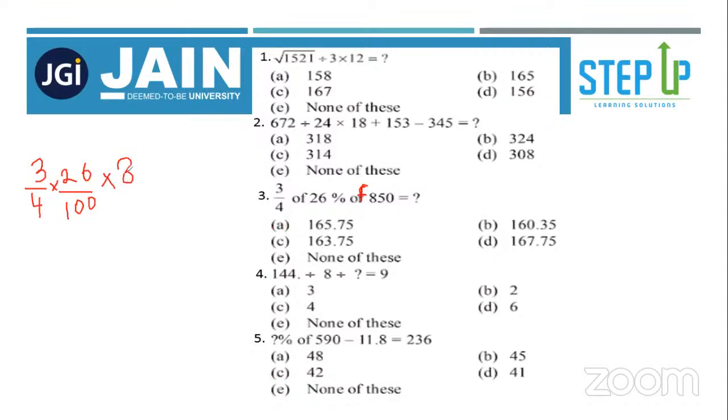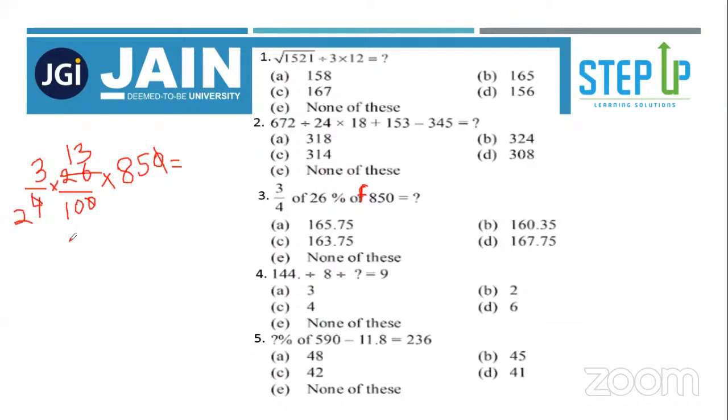So multiplying 850 equals, so 0 and 0 simplified, and just a simplification process. 2 times 26 is 13.